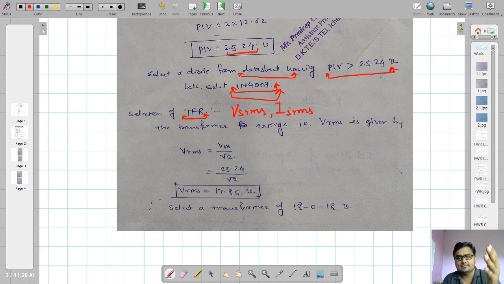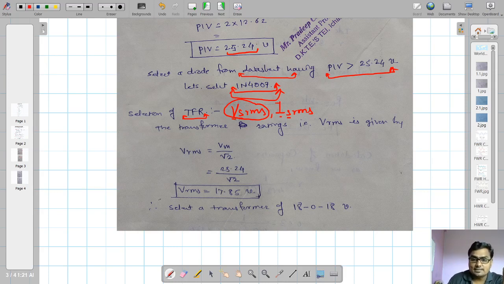Now you know that Vs means secondary. So this secondary voltage and secondary current of the transformer are the ratings. The major part is this secondary voltage, on the basis of which I'm going to select the transformer.